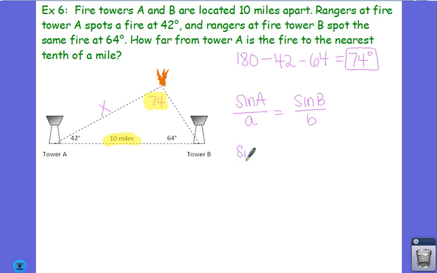So, sine, the angle we know is 74. The side we know is 10. Sine, the other angle we know is 64. The side we don't know is x. So we're going to cross multiply. Sine of 74 times x equals 10 times the sine of 64.